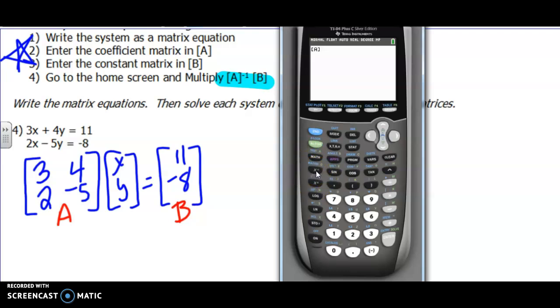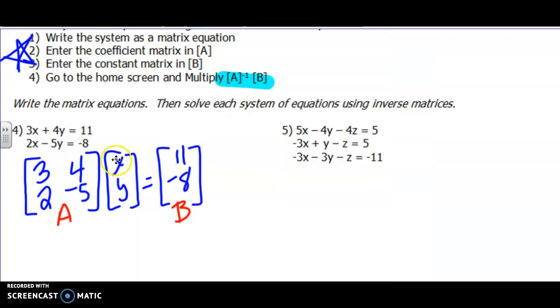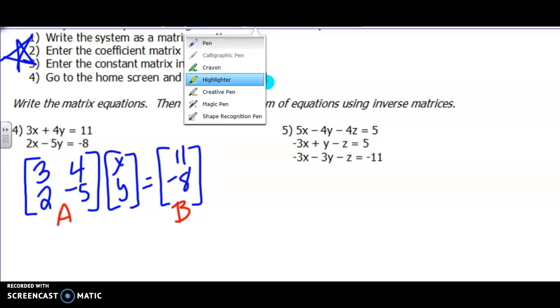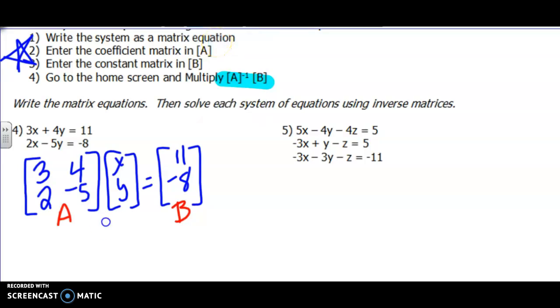I just want to push the button so that it puts a little -1 exponent. Then I'm going to push second matrix, go down and get matrix 2, which is B. When I push enter, it gives me the answer for x and y. So it says 1, 2, and if you look at the order, 1 was x, 2 was y. So let's write those down. So we have 1, 2.